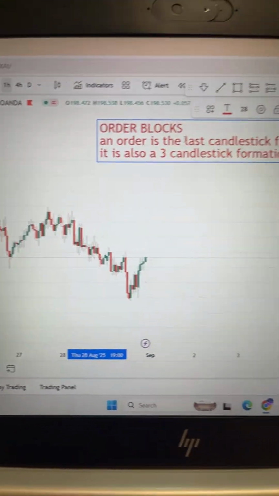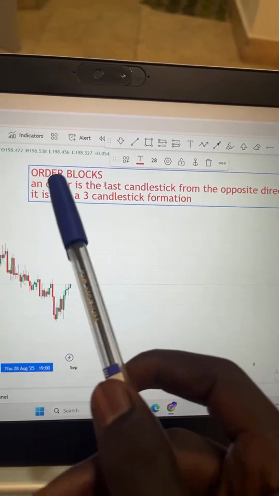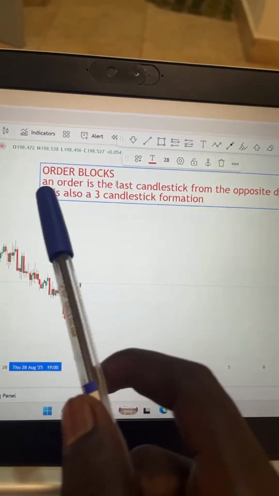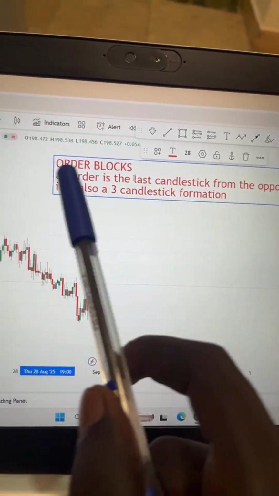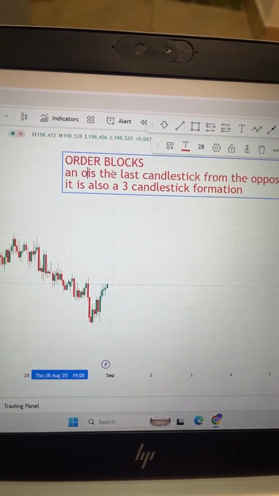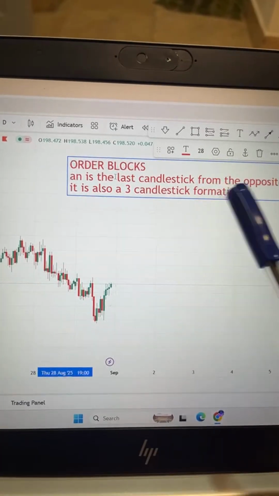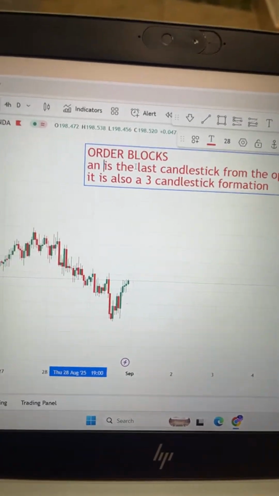This is what an order block is, as simple as this. An order block is the last candlestick from the opposite direction. This is what I mean by it.